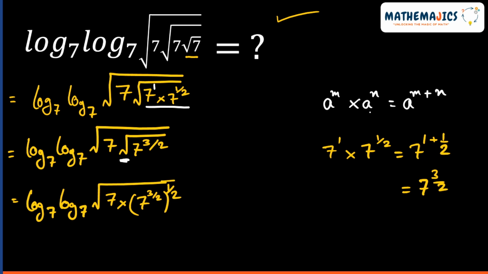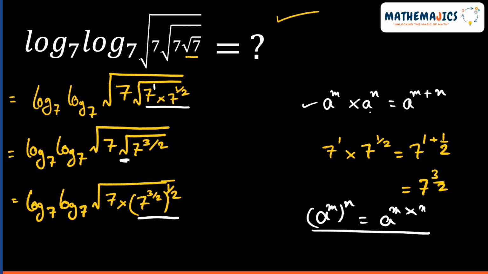Because under root means power is half. Now we will be using one exponent rule which is different from this rule. That rule says a raised to power m raised to power n. When this is the condition, m and n get multiplied. Yes. Now if you look carefully, this rule can be applied on this 7. Correct? So let's apply this rule.